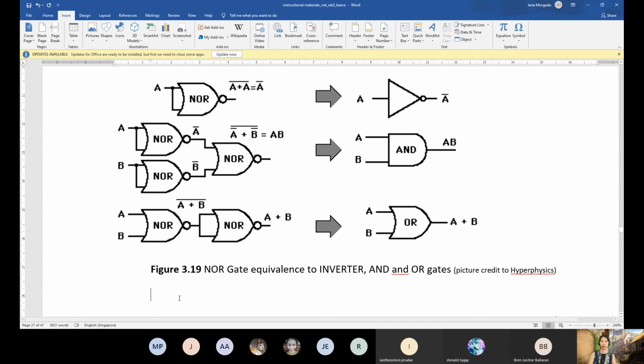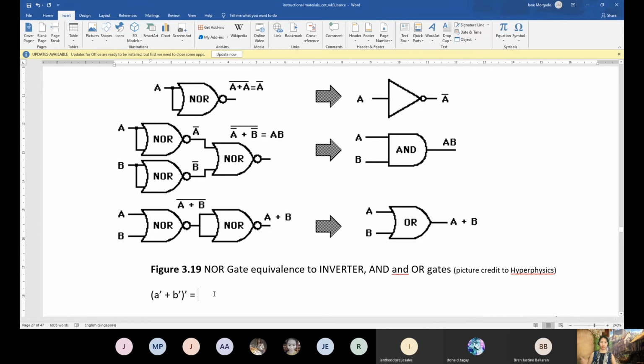So for AND gate, we have A prime plus B prime, and then invert. What principle shall we use here? De Morgan's po, ma'am. Okay, so we'll use De Morgan's principle.